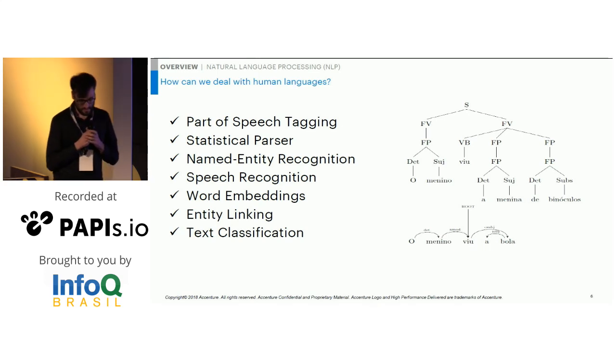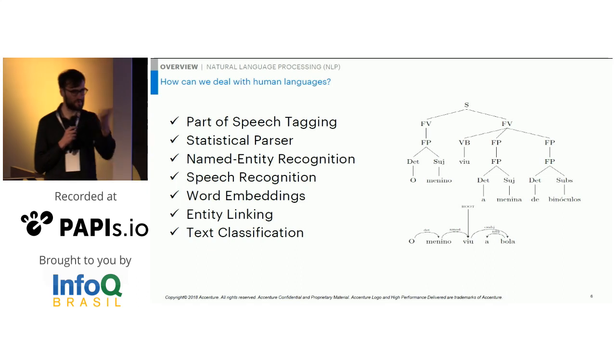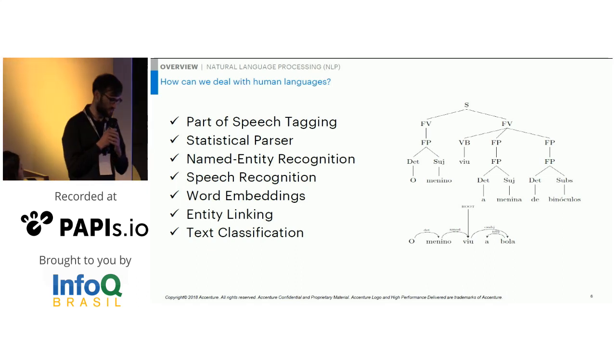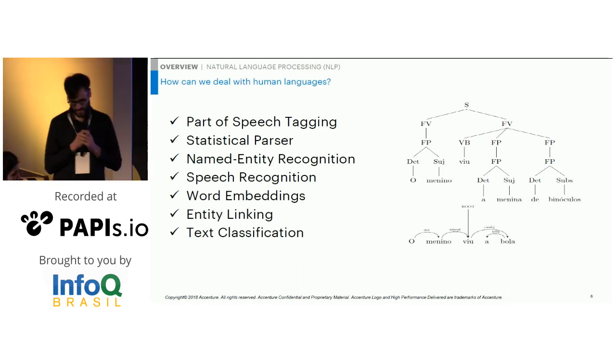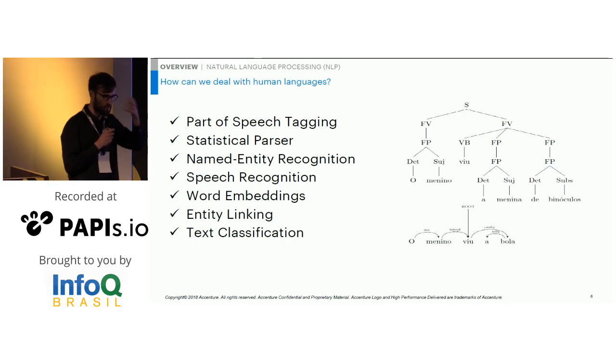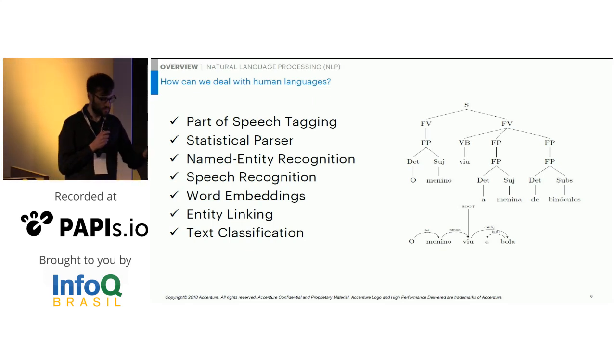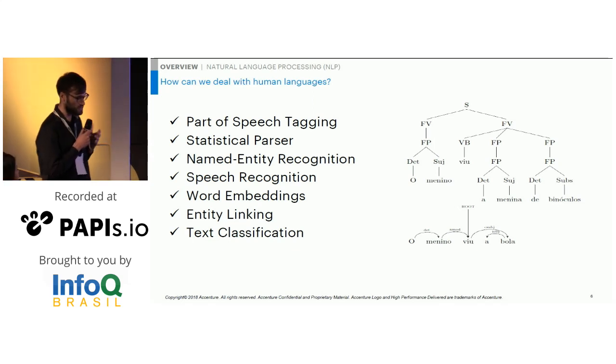So basically, understanding is important. Why? I don't know if you notice, we speak natural language. Portuguese is a natural language. English is a natural language. Spanish and other kinds of natural languages. So it's hard to understand what everyone is trying to say. So we need to construct and try to understand these.